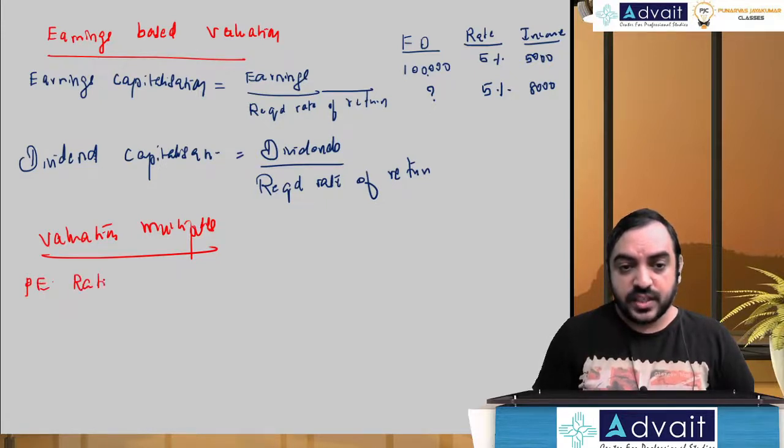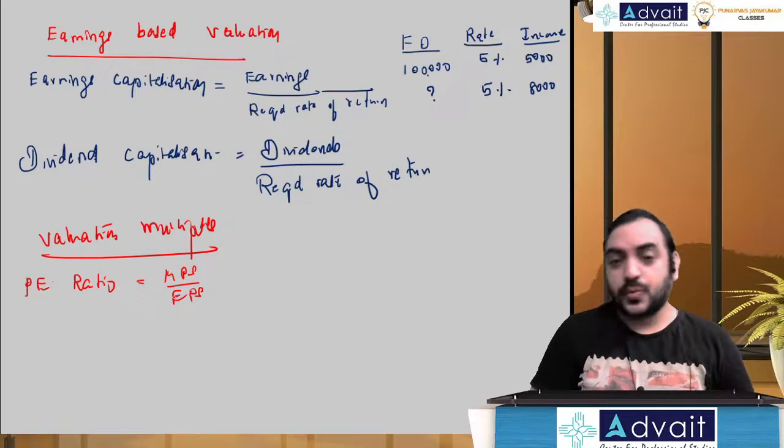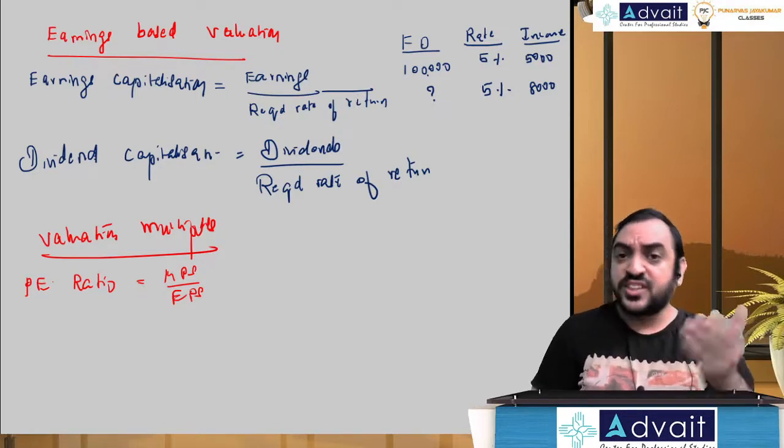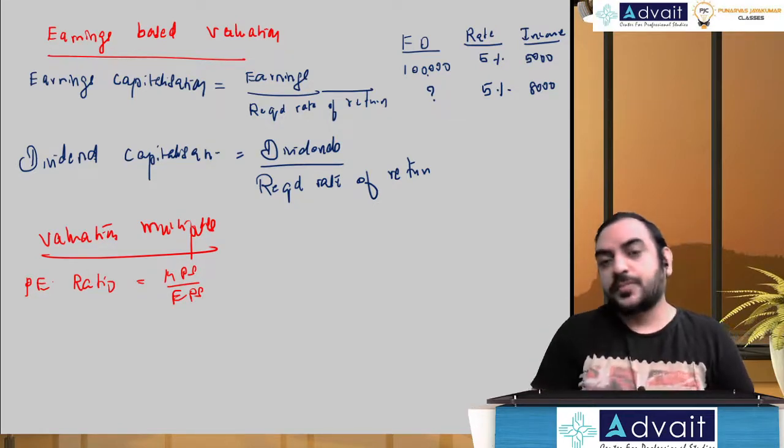Price earning ratio. Price to earnings ratio. So what is the PE ratio? Formula wise, it is MPS divided by EPS. This is how you compute the PE ratio. Price earning ratio. P for price, E for earnings. Price to earnings ratio. But we are not going to use it like this.